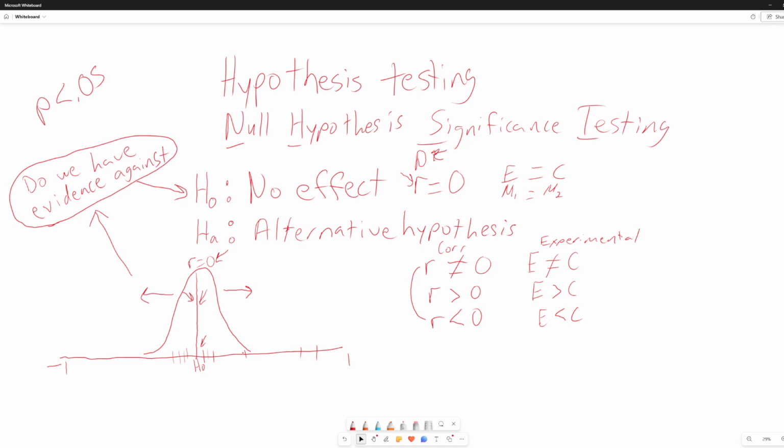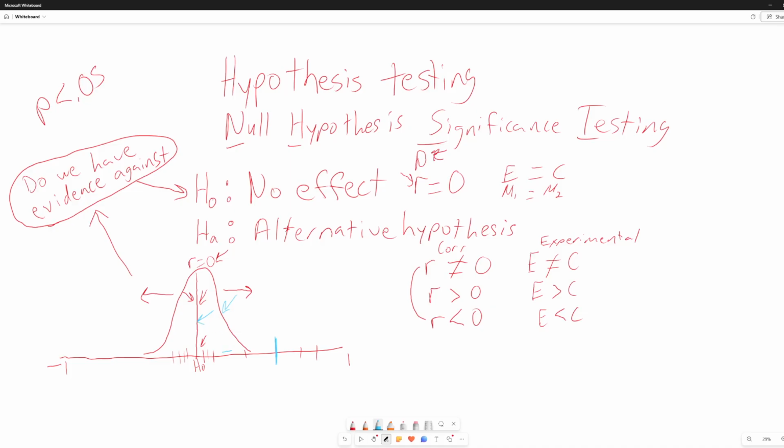What happens is null hypothesis significance testing uses probability to make a judgment. If I find a correlation way out here, well, it probably did not come from this distribution, meaning it probably is not correct that the real population value is 0.